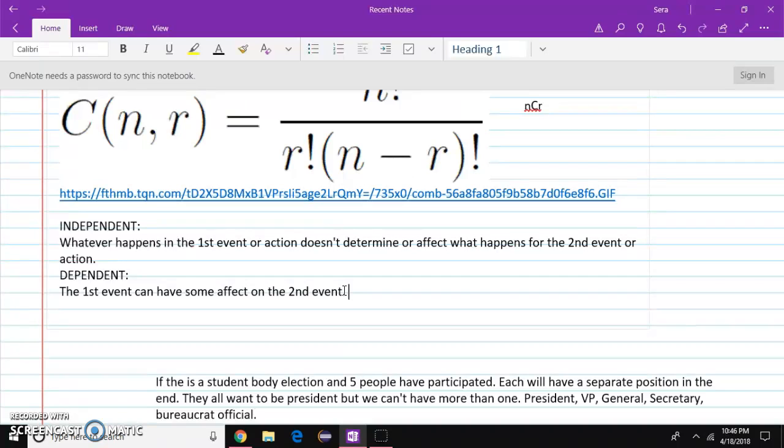Now the probability of taking another marble out will change, because you already took one out. If I took one green out, didn't put it back, and took another green out, it's a dependent event because it depends on whether you put the first one back in or not. So those are the two concepts I wanted to introduce.